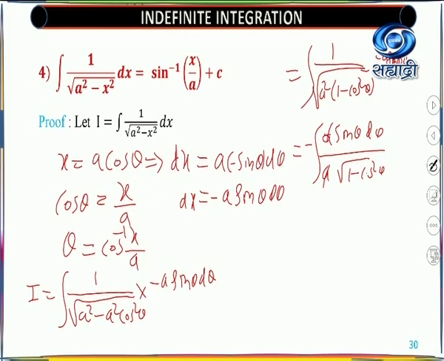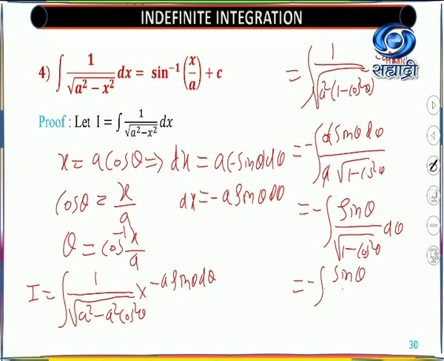Once you cancel, this is nothing but minus integral sine theta upon root of 1 minus cos square theta d theta. So this becomes minus integral sine theta upon root of sine square theta d theta.